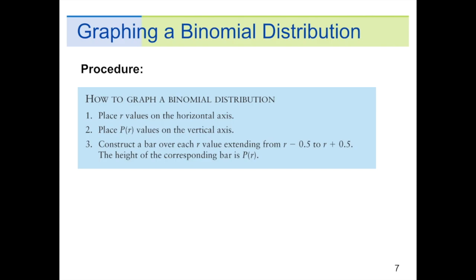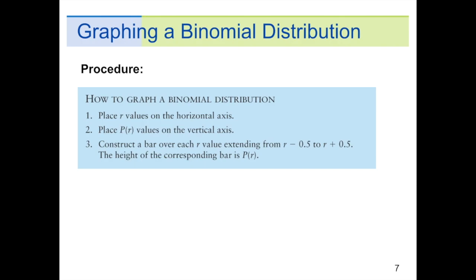How to graph a binomial distribution? Place the R values on the horizontal axis, place P of R values on the vertical axis, which we just talked about. Then construct a bar over each R value extending from R minus 0.5 to R plus 0.5.